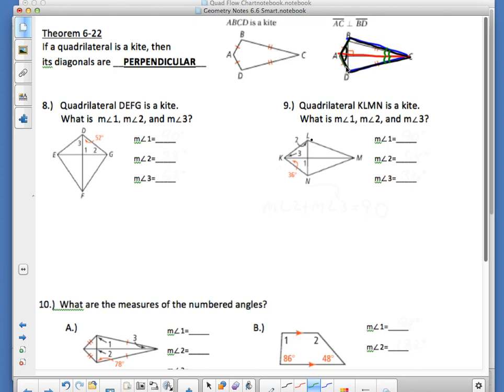I'm pointing this out because students have a tendency to forget it. Remember, diagonals are perpendicular. Long axis is an angle bisector. Short axis is not. Keep that in mind.